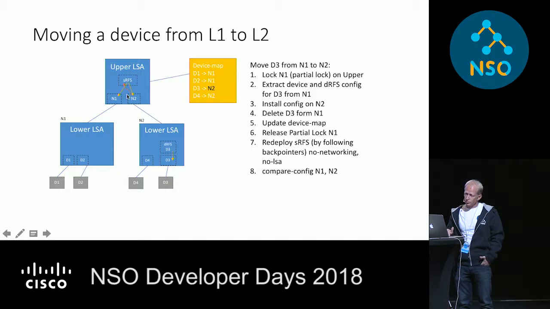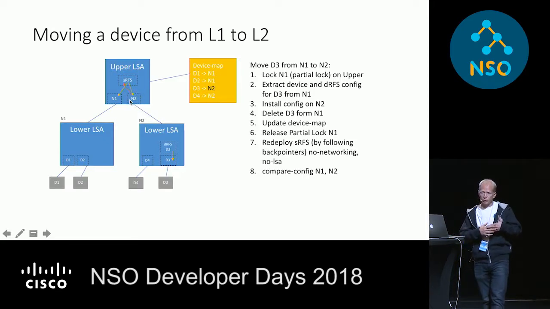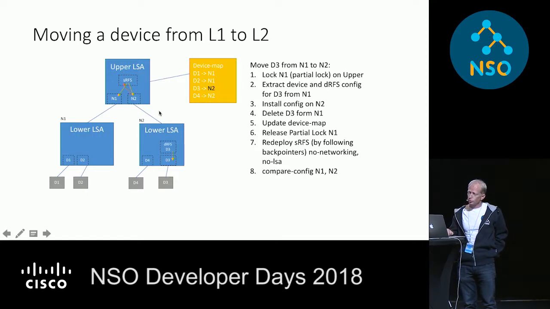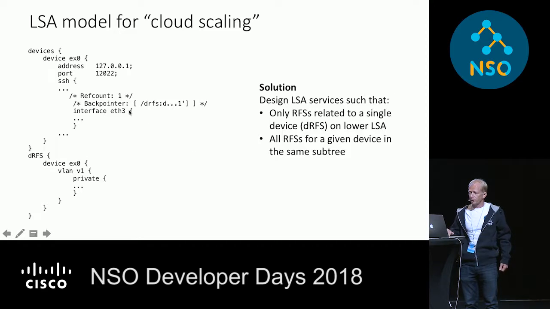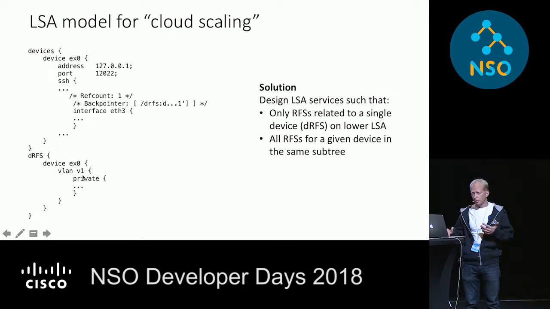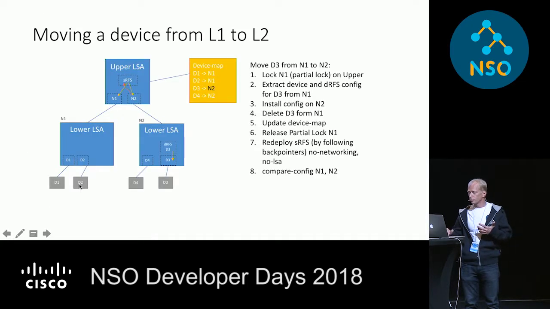And up here on the upper LSA node, there are services that have created these resource-facing services on the device. They need to now be updated to point to the new location for that device. But as you saw on the other slide here, we have back pointers, and not only for the device configuration, but also for any other configuration. So we have full control of which service has created, and which service has references to, this device on the upper layer.